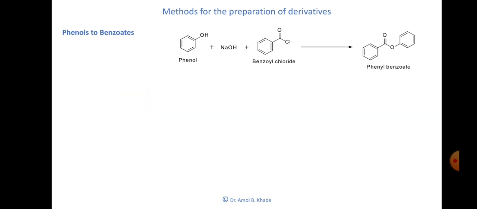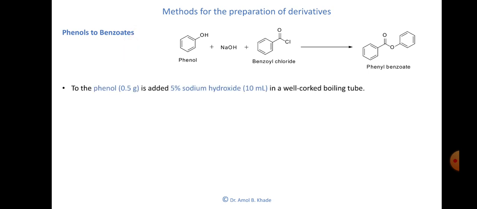Now let's see one more example where the unknown compound is phenol, and then this phenol will be converted to its corresponding benzoate. Okay, so you know what phenol is, it is a benzene ring and a hydroxyl group. So to the phenol, approximately we can take 0.5 gram, and this is added with 5% sodium hydroxide as a strong base in a well corked boiling tube.